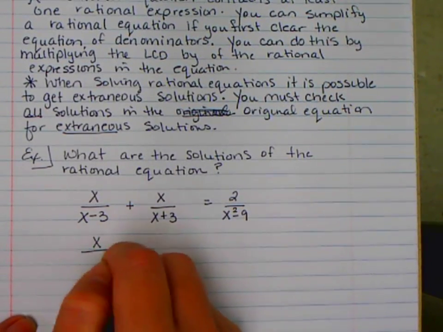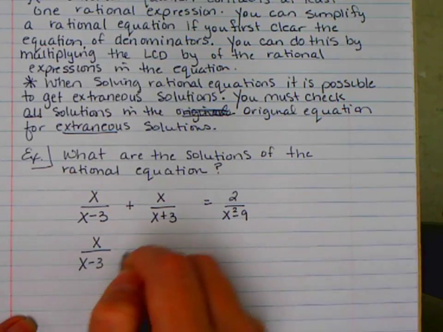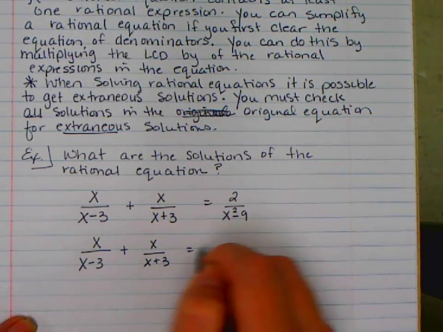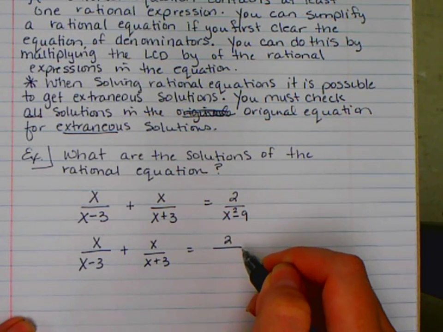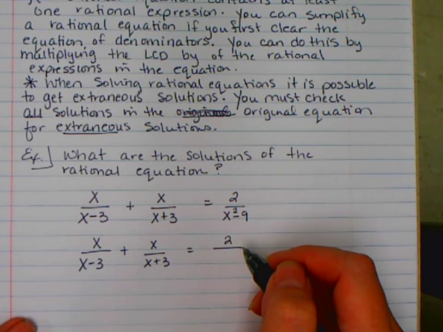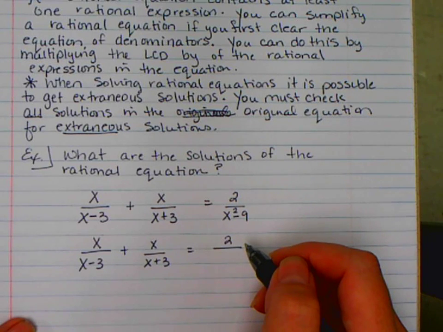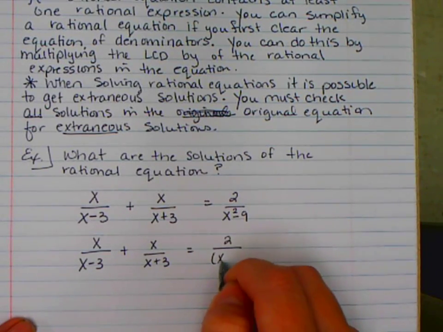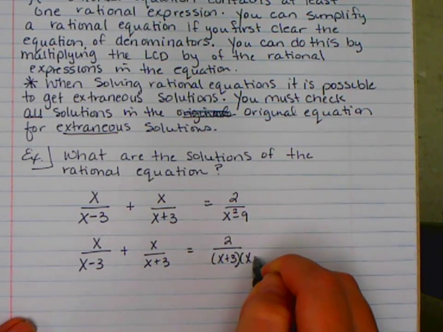So I'm going to rewrite this. I know you can do this a little shorter when you do your homework, but of course in my notes I want to show every step so you can easily follow. And what is x squared minus 9 going to factor into? X plus 3 and x minus 3.